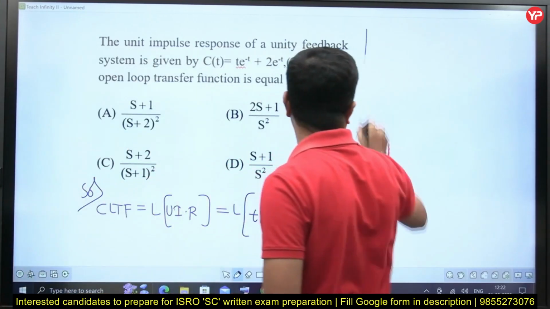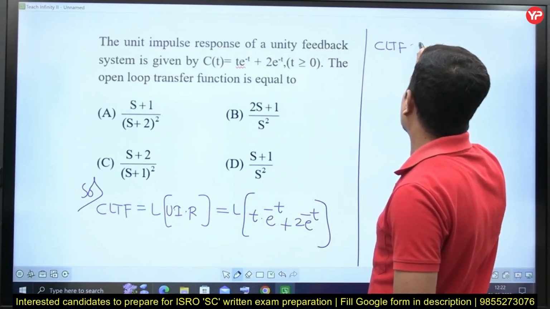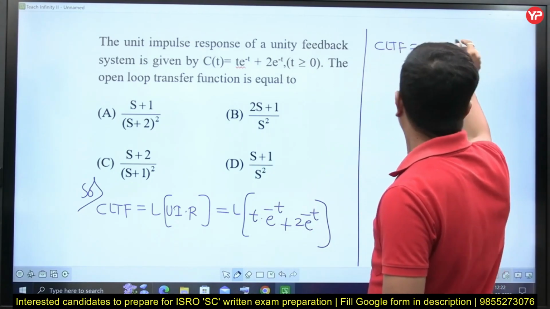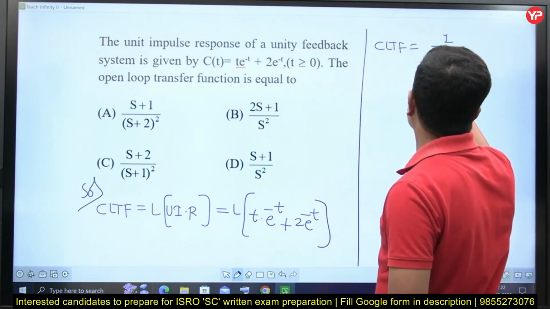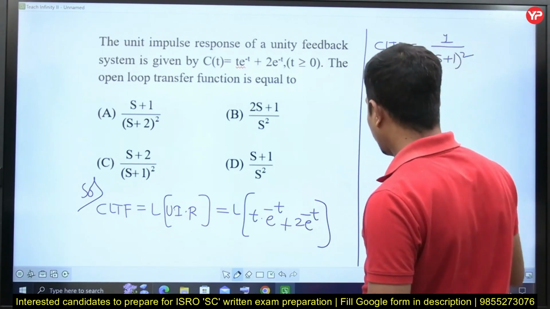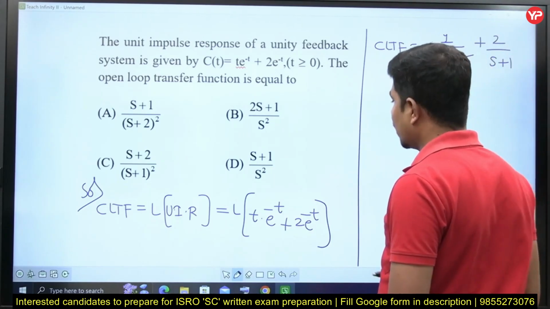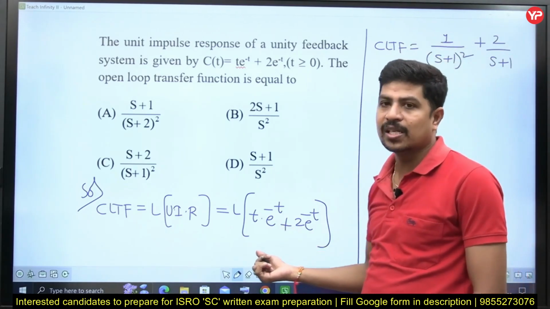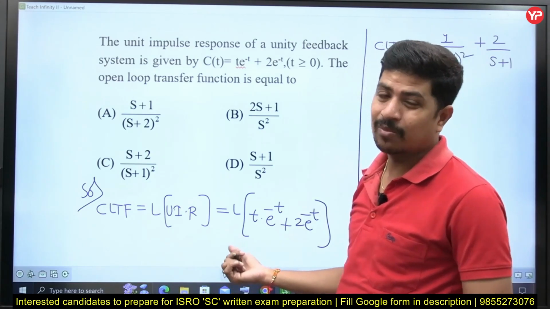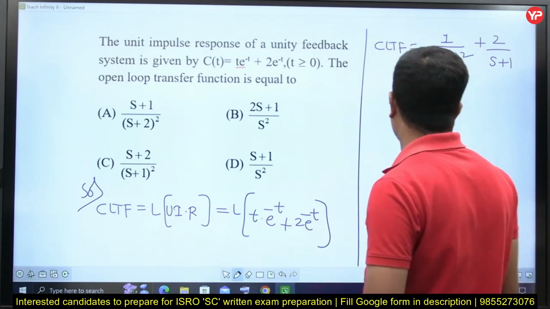Come here, what are we going to get? So CLTF is equal to 1 by s plus 1 whole square plus 2 by s plus 1, Laplace transform. See, e power minus t Laplace transform is 1 by s plus 1, as t is there, 1 by s plus 1 whole square, this is 2 by s plus 1.